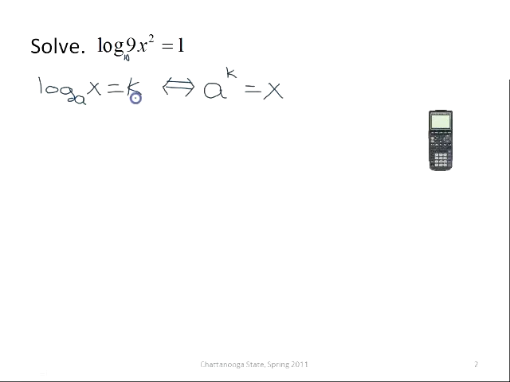In this problem, the a is 10 and the k is 1, and the x is actually the 9x squared, everything I'm taking the logarithm of. So this will convert to the equation 10 to the first power equals 9x squared.